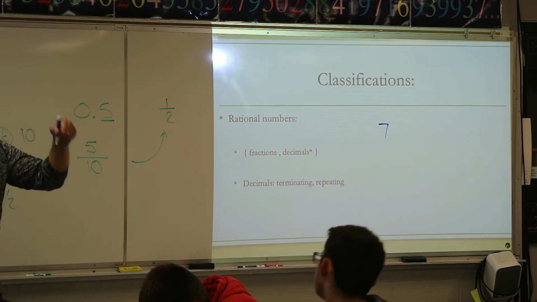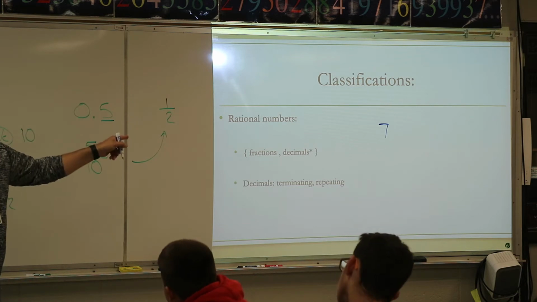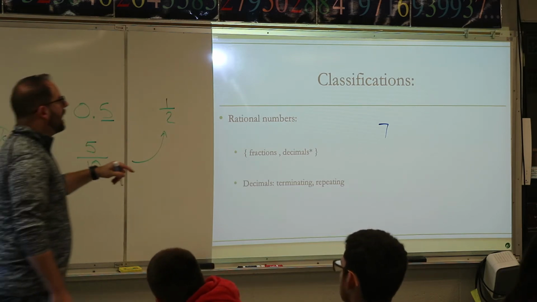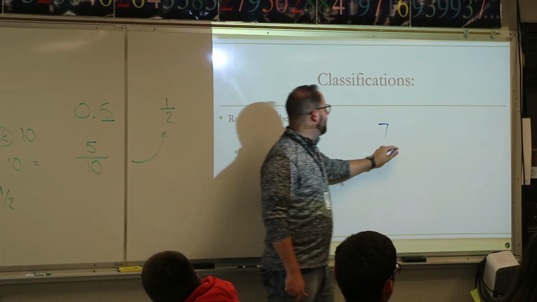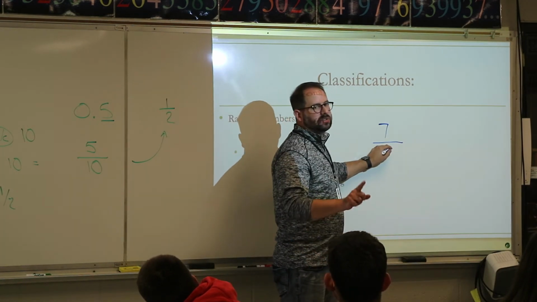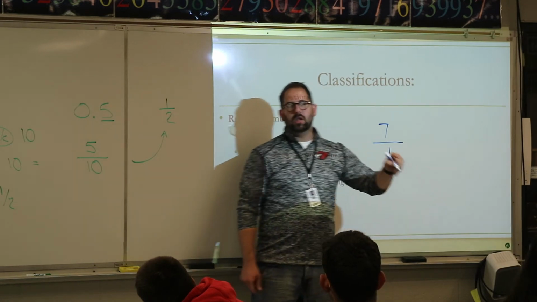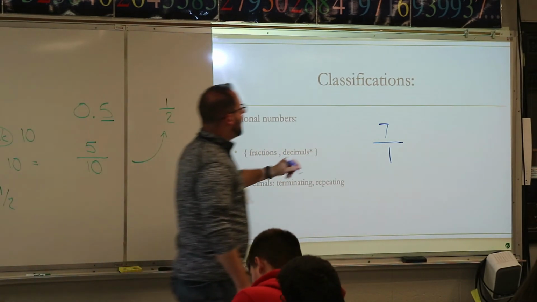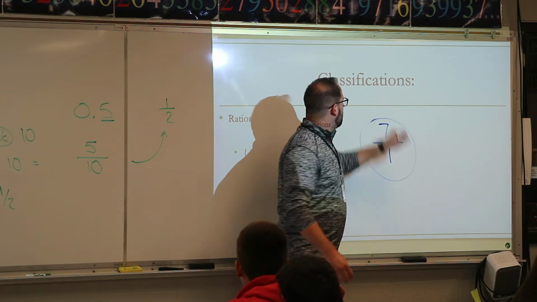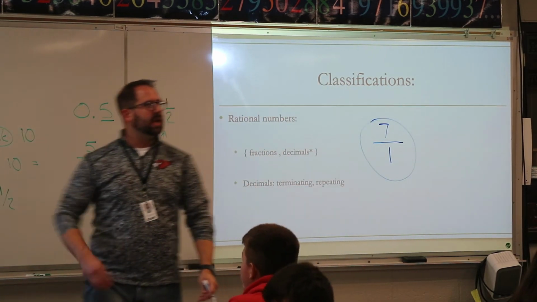Okay, it can also be a rational number. Here's why. I can make any whole number a fraction. Because what do you have to put on the bottom? Not a 0. A 1. If you put a 1 on the bottom, it automatically makes that a fraction, so it is a rational number.